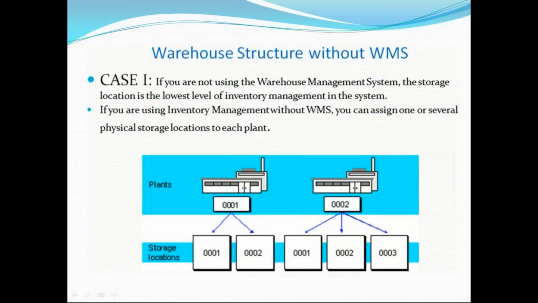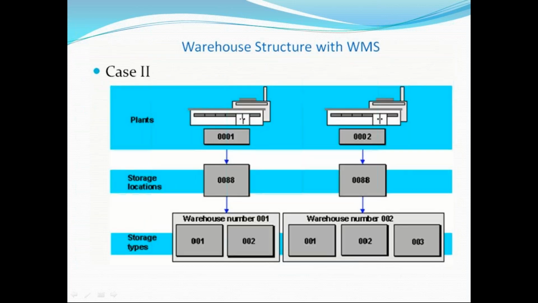Moving on to case 2. Here, the warehouse structure is with warehouse management system. The main concept of warehouse management system is that your plant and the storage location have to be linked with a warehouse number.